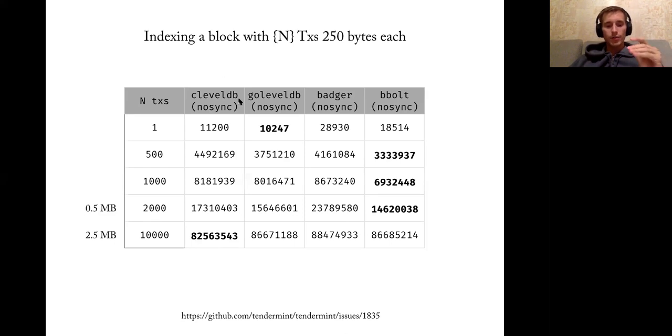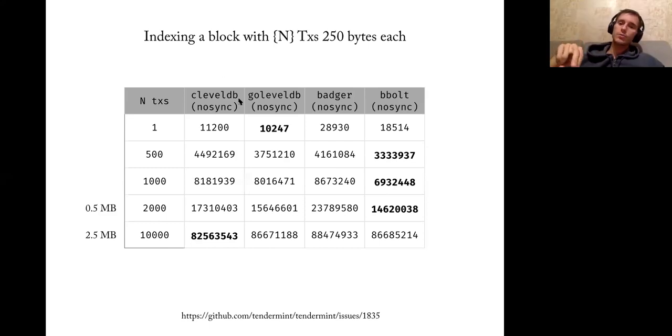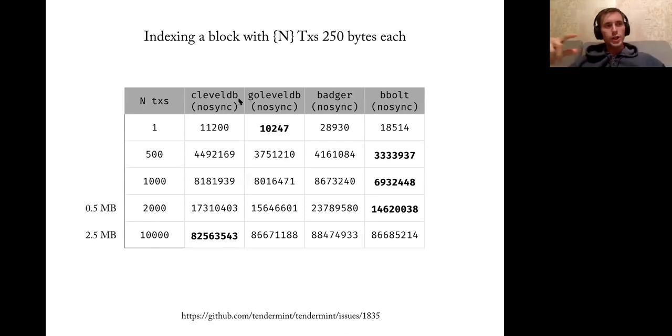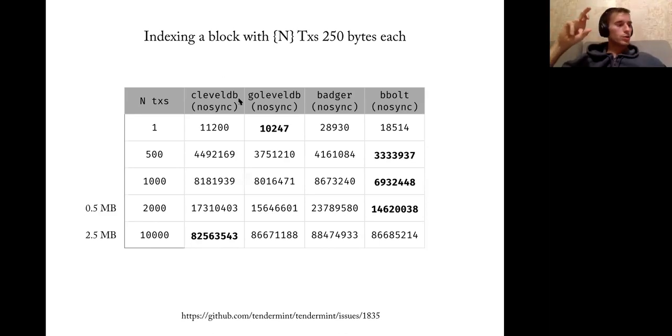And we also need very good sequential read performance, because, as I said, we exposed this /tx RPC where you can fetch the individual transaction, but we also exposed a text search endpoint, which does sequential scanning of the index and fetches only the transactions which belong to a particular account, like Bob's account.